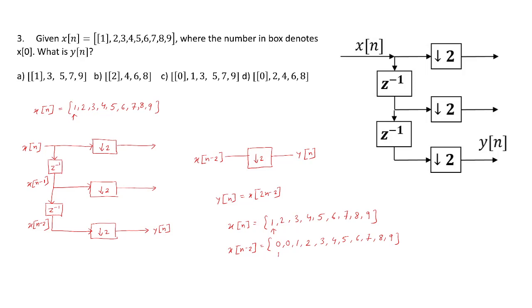Now this 0 becomes the 0th index. Since you are shifting the whole sequence right by 2, you have to introduce 2 zero value samples here.